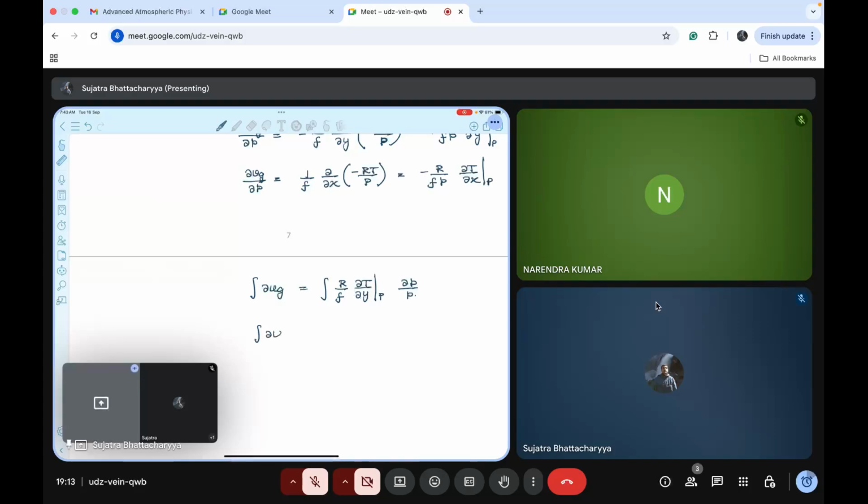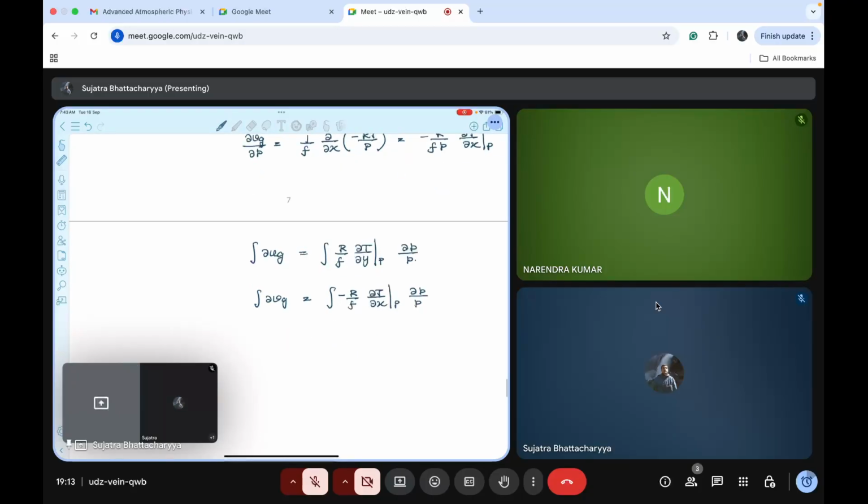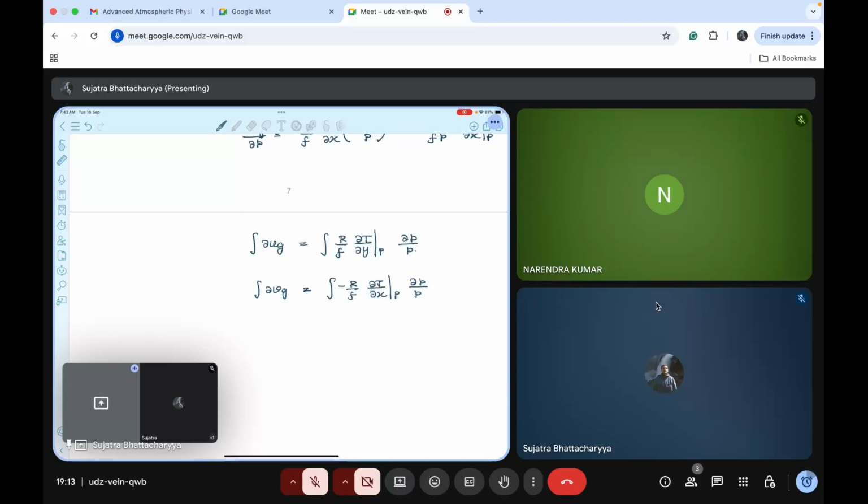Similarly, delta Vg can be written as minus R by f, delta T delta x at constant P, delta P by P. Together, we can therefore write delta Ug by delta log P, which is R by f delta T by delta y.